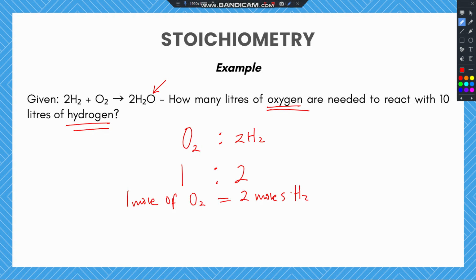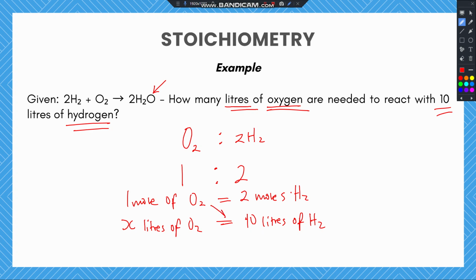Now the question says how many liters of oxygen? So we have X liters of oxygen that will react with 10 liters of hydrogen, H2, because we're asked 10 liters of hydrogen.